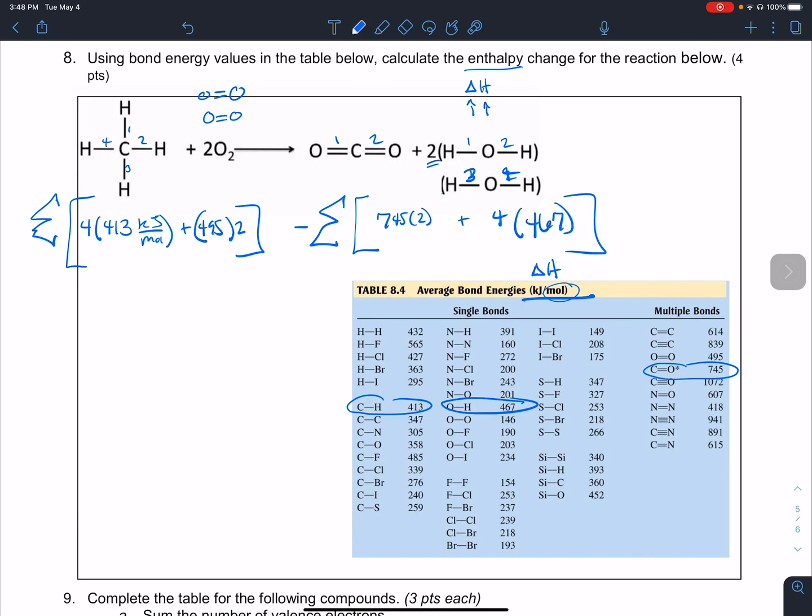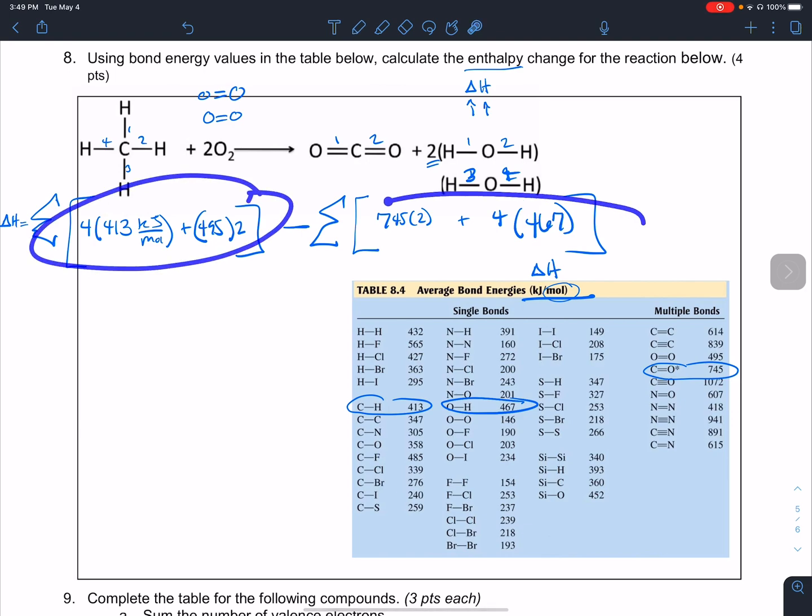Remember, this is the question that we decided to take off the semester exam at the last minute. The other class, the teacher felt that they weren't ready for it. But I'm so glad you pointed it out. Anyway, delta H, according to the equation, is all of this. So you'll just sum those things together that are on the reactant side, sum those things together that are on the product side, and subtract the 2.